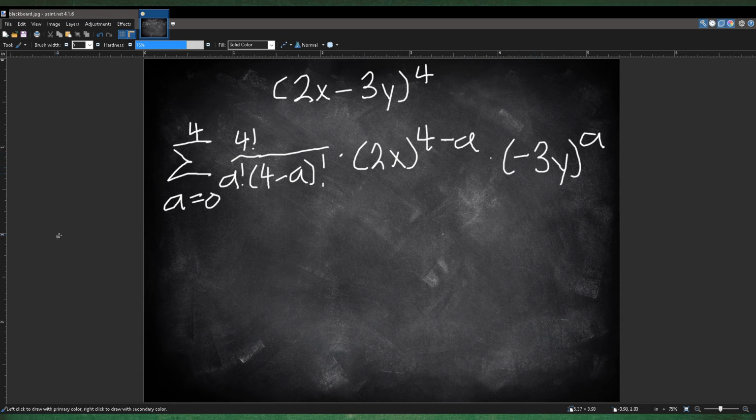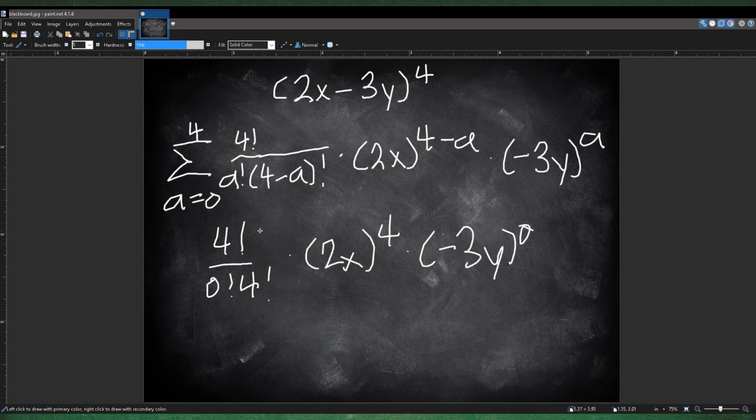The first term is when a is equal to 0, so you have to find when a is equal to 0. When a is equal to 0, you have 4 factorial, all over 0 factorial times 4 minus a factorial. A is 0, so that makes 4 factorial, times 2x to the power of 4 minus a, which is 4, so 2x to the power of 4, times negative 3y to the power of 0.